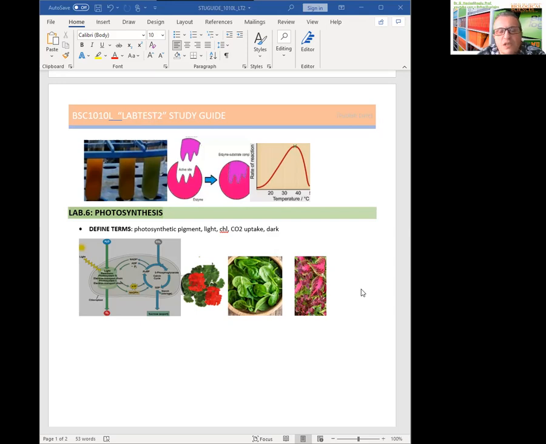We used a number of plants in this lab, including geranium, spinach, and coleus, as well as our aquarium plant, Elodea. We did a series of 5 major experiments in the photosynthesis lab.